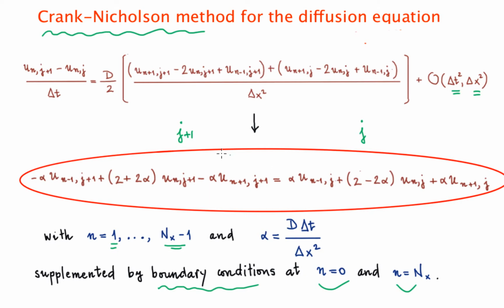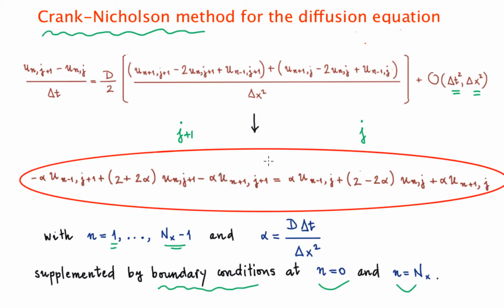And again, we have the same problem we had for the implicit method. There is no way of clearing from here an expression for the u functions at different points evaluated at j plus 1 just as a function of the u functions evaluated at time j. There is no way of clearing that in a direct way.